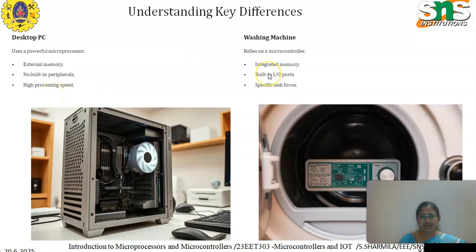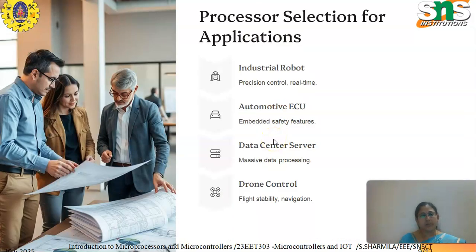And the washing machine relies on a microcontroller because it performs a specific, task-focused job, and it has integrated memory and built-in input-output ports. For processor selection, based on our specific application or general applications, we can select the particular device.